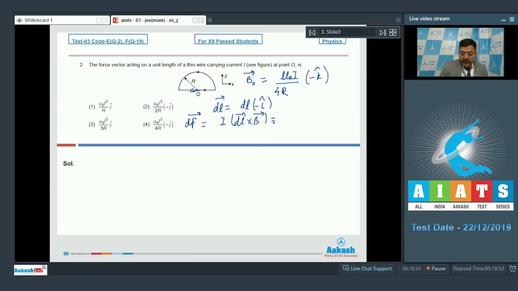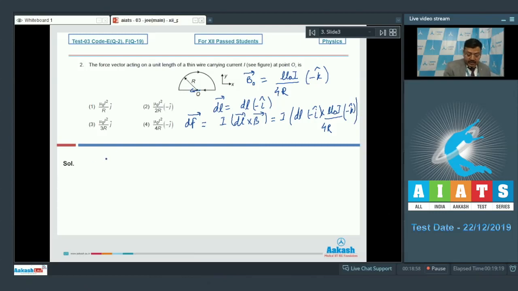And if I put the values, well, I is I, and as I said, dl is dl into minus i cap, cross mu naught I divided by 4r into minus k cap. We simplify it further.